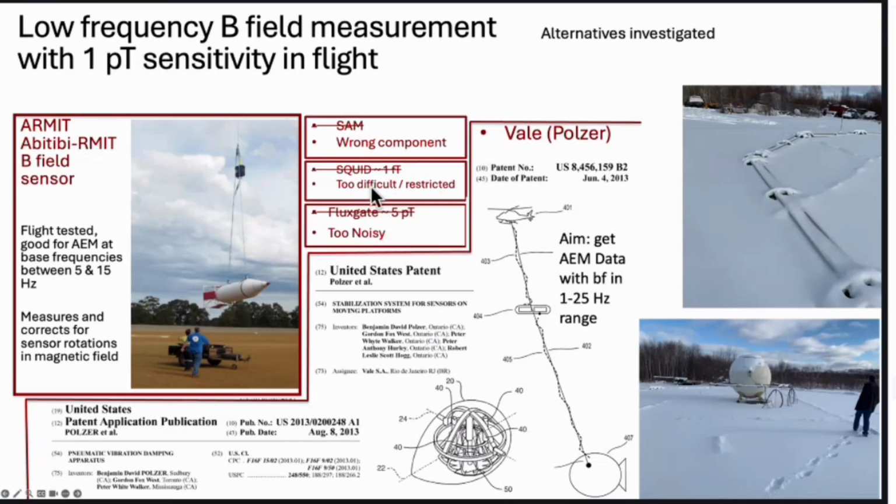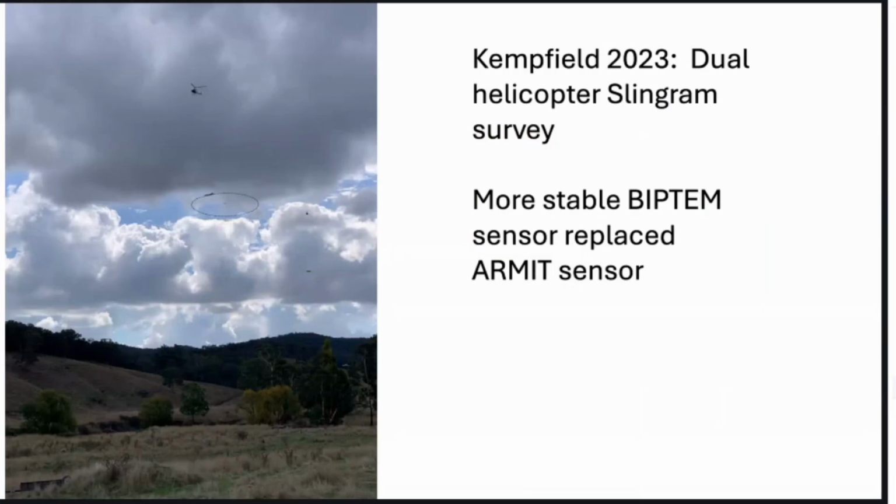SQUIDs were too difficult, flux gates were too noisy. Farley had a system that weighed 2 tons, and when they tried to get it off the ground, the loop broke. But anyway, with Newmont sponsorship, we resurrected the BibTem system, replaced the sensor.